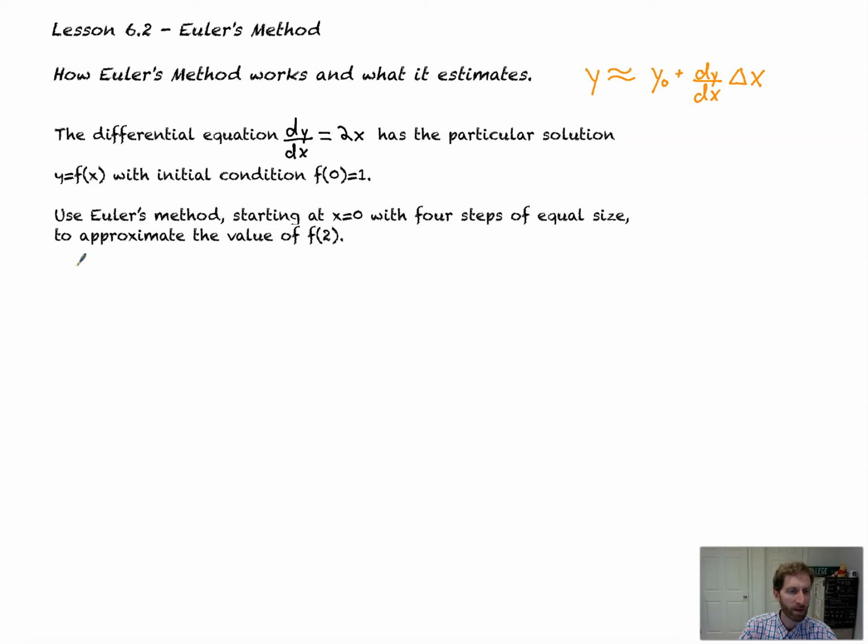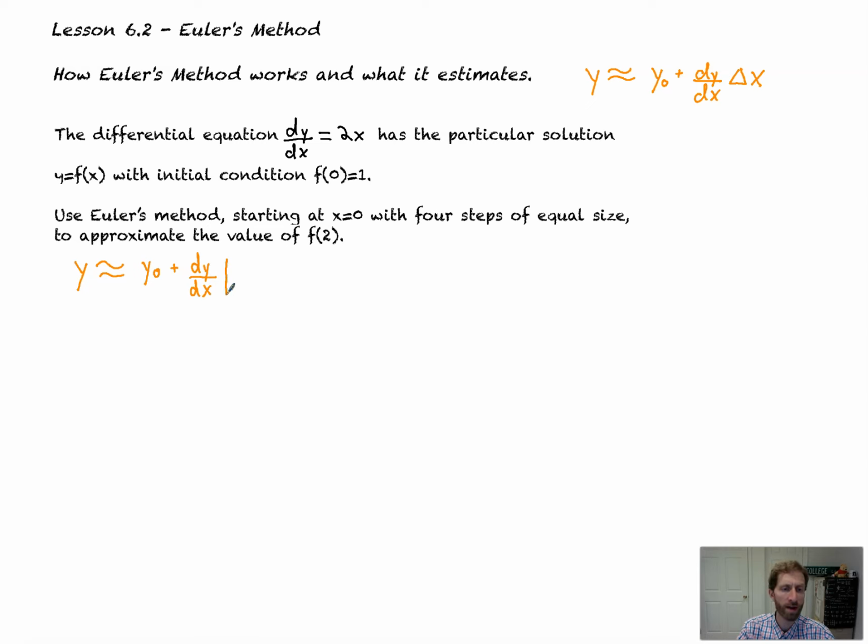So here's Euler's method. It literally says that the y value that you want to get out, right, whatever the y value is approximately going to be, is the starting y value, which we often call y sub 0 or y naught, plus the derivative, so dy/dx, evaluated at some point, wherever we are.